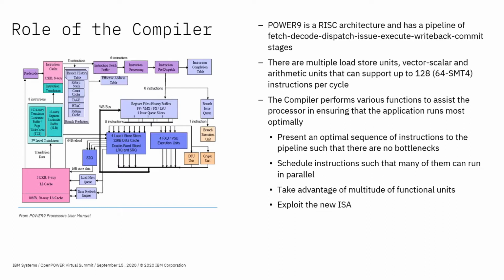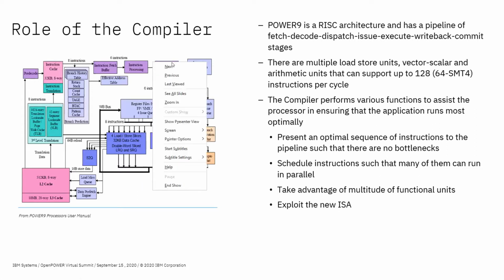It also schedules these instructions so that many of them can run in parallel at the same time, so that it can take advantage of this multitude of functional units, basically efficiently using the processor resources so that you can get more work done in less time. And all this entails using the new ISA that gets introduced in every new generation of Power, which will exploit these additional units that keep getting added from generation to generation.